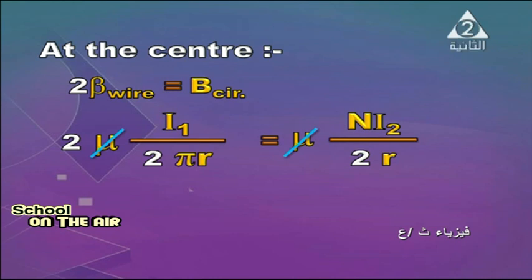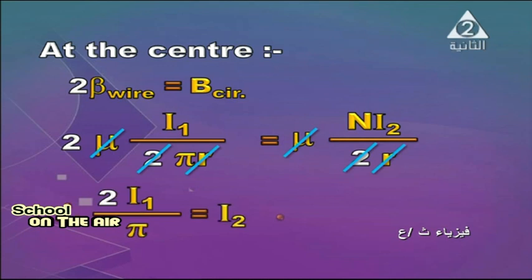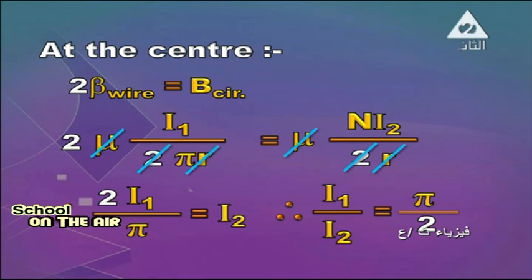Permeability will be cancelled out, and R will be cancelled out. Now we can say 2 I1 over pi equals I2. So the ratio is easy: I1 to I2 is equal to pi over 2. So we managed to solve the problem.